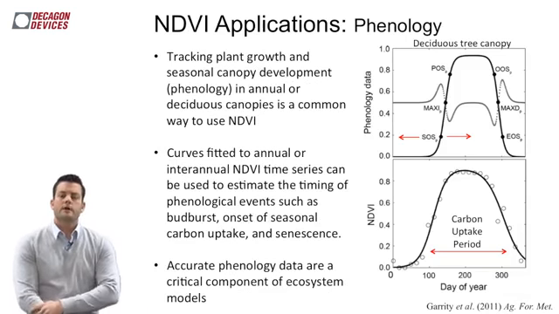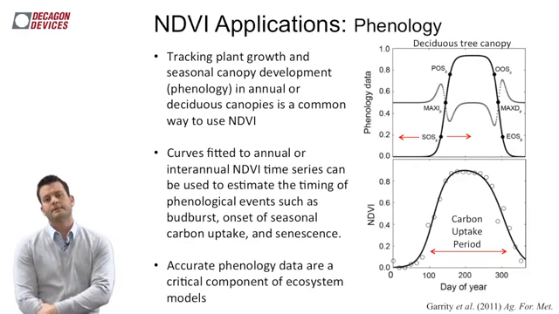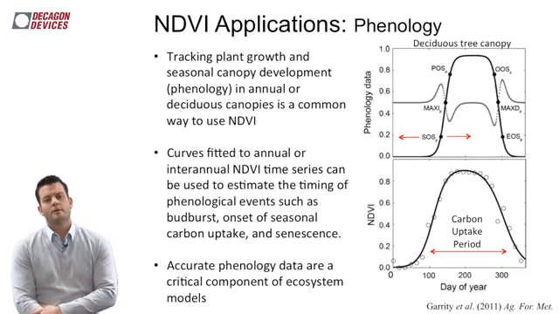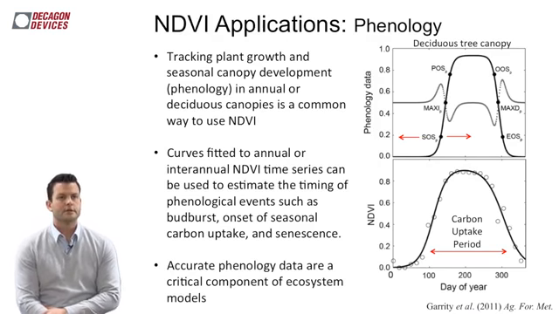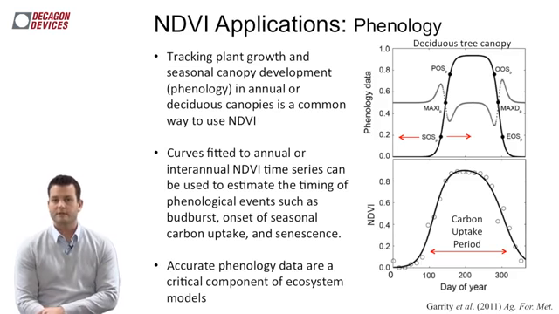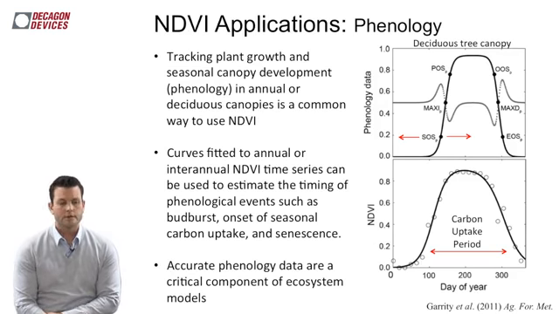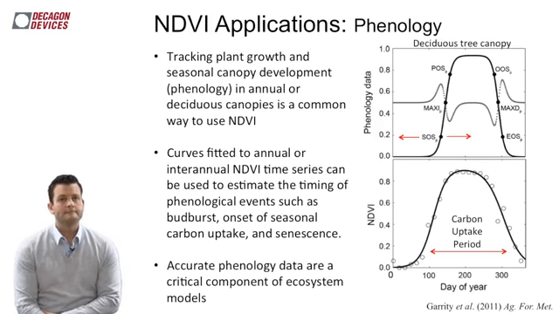So another relatively common use of NDVI is for estimating phenology, which is a pretty hot topic right now in various areas of research. And NDVI can be particularly useful for getting at phenology in systems that are deciduous or annual, or any other kind of system that's going to have large interannual variability in leaf area.